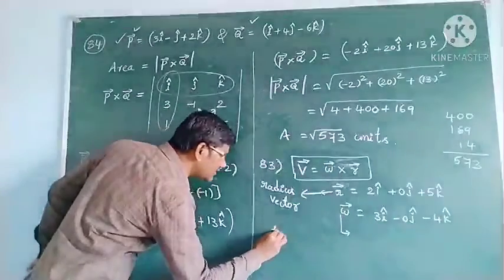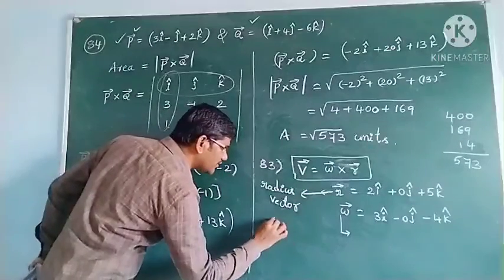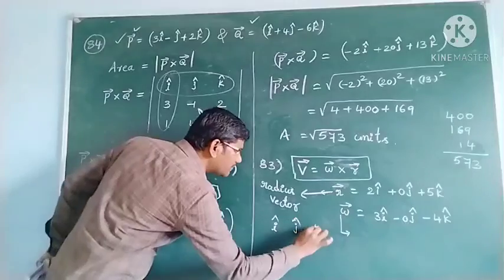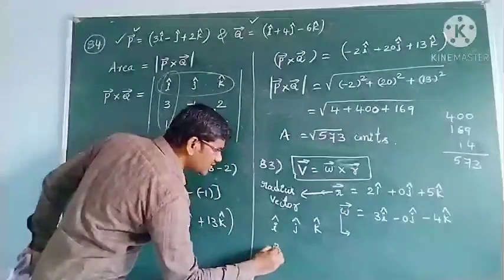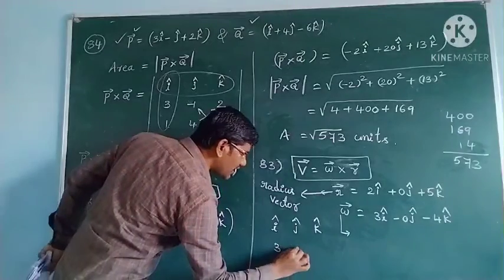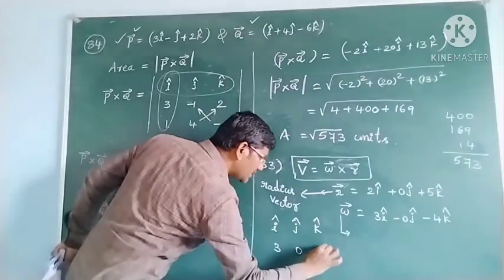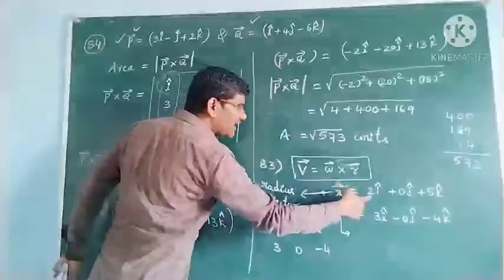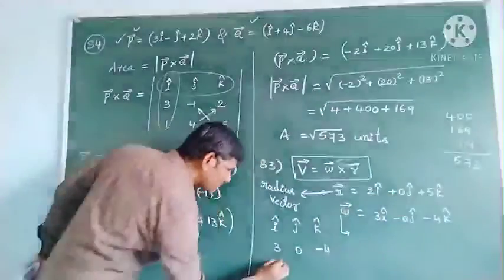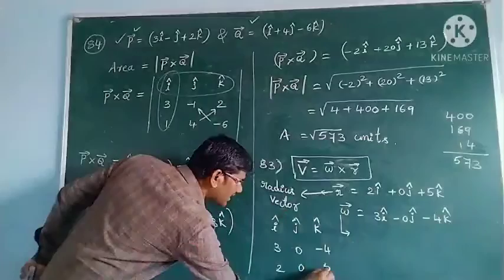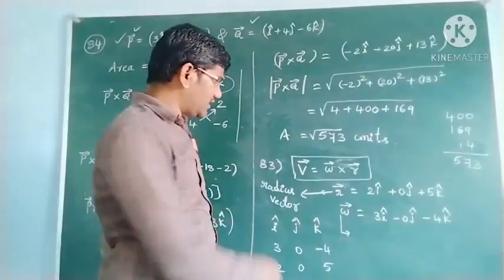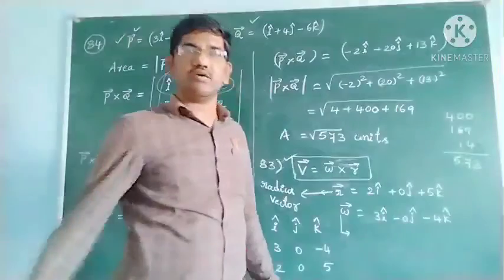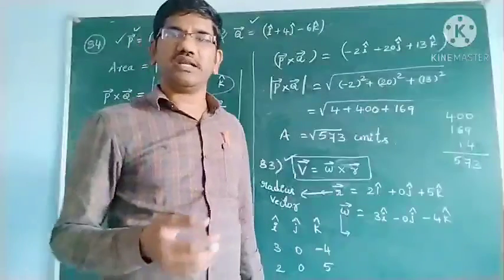So by taking the i cap, j cap, k cap, first write omega coefficients, which are 3, 0 and minus 4, and then take r coefficients 2, 0, 5. Okay. Then take the cross product of this as a homework and try the remaining problems.